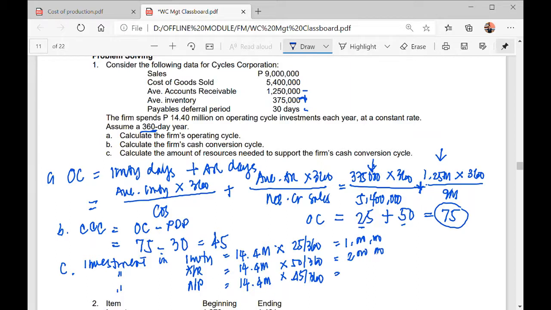Correct. How about accounts payable? 1 million.